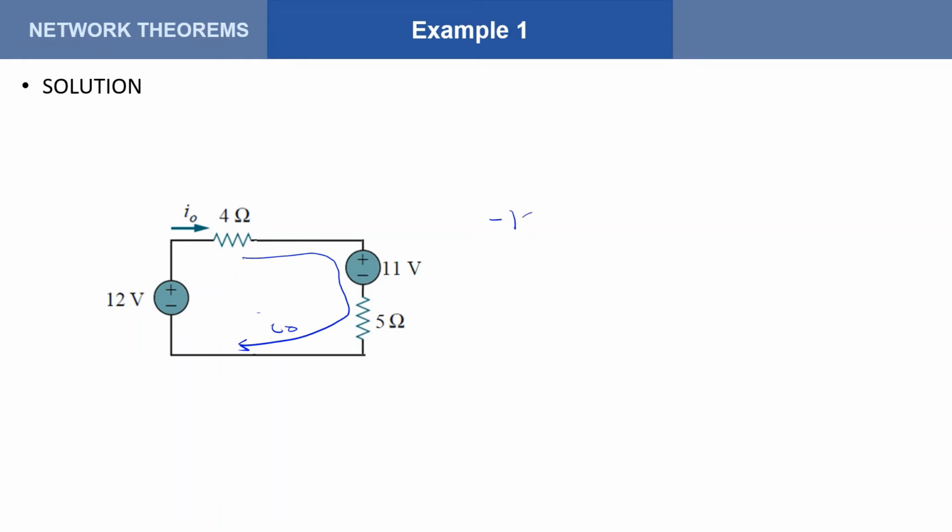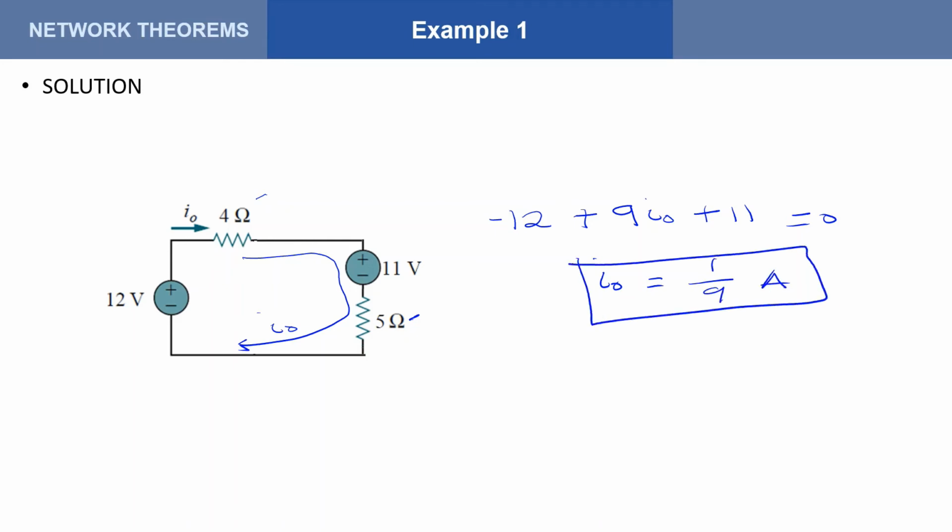So that's minus 12 plus, so 4 plus 5, we have 9 I naught, plus 11 equals 0. And we can compute I naught as equals 1 over 9 amperes, which is our answer also when we solve this using Thevenin's theorem.